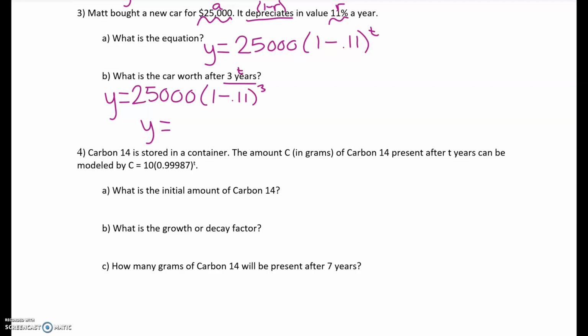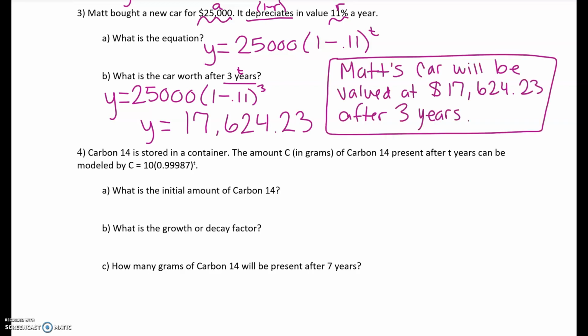Hopefully we're noticing that the value should be less than what it started as, and it certainly is. It's $17,624.23. So let's write our sentence. So Matt's car will be valued at $17,624.23 after 3 years.